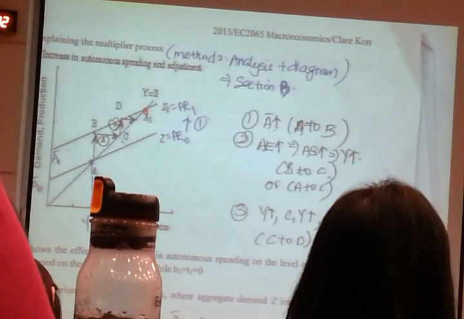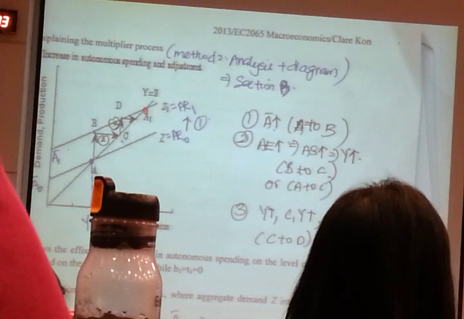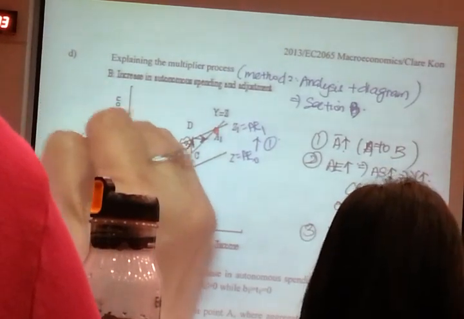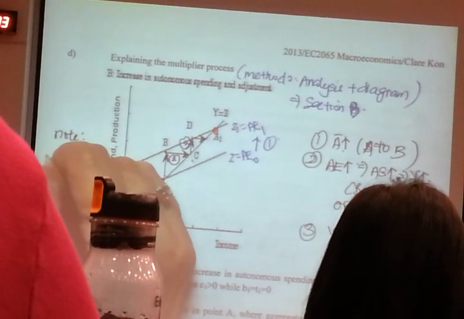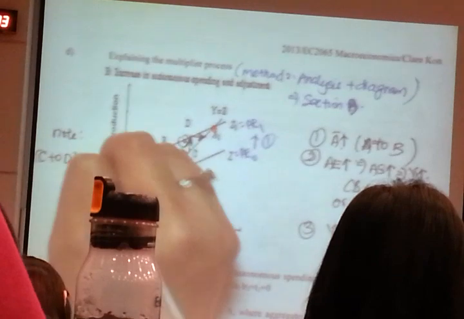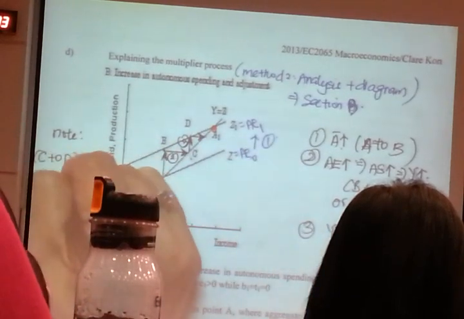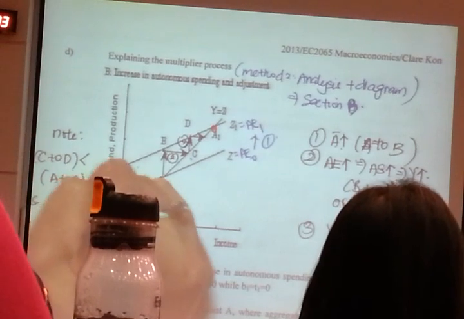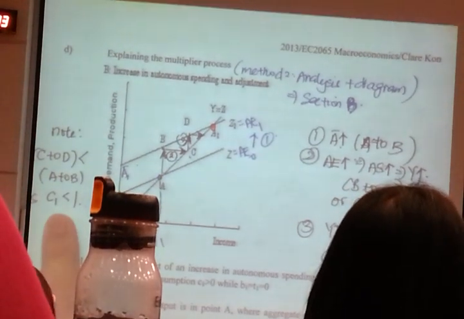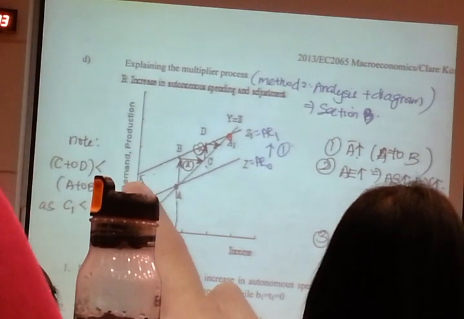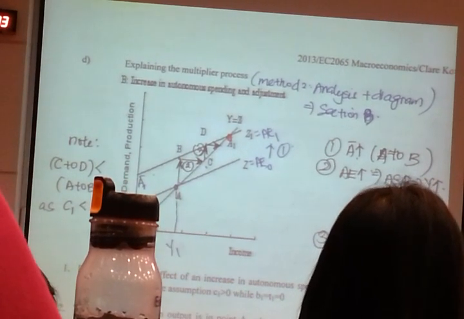But there's something you need to take note of. We are moving along the diagram, but I'll put a side note here for you. When you go from C to D, it is much less than A to B. Because C1 is less than 1. When initially you go from A to B, it was A bar, a lump sum investment going up.